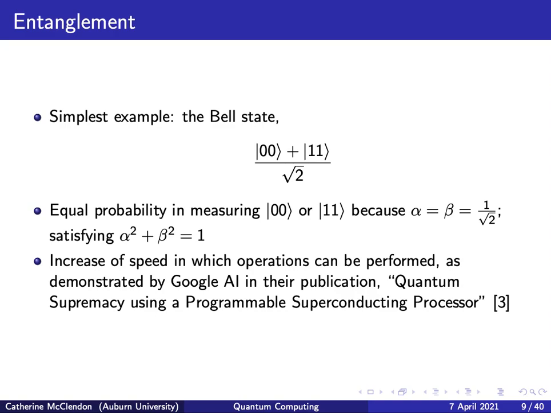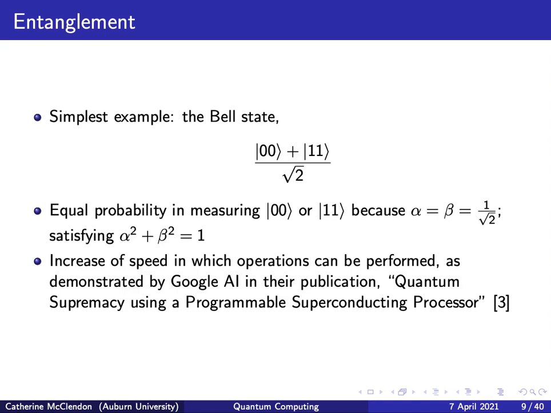Another important distinguishing feature of quantum computing is the concept of entanglement. Considering the Bell state seen on the screen, which is just equal probability in measuring a 0, 0 or 1, 1 because alpha and beta both equal 1/2, satisfying the equation alpha squared plus beta squared equals 1.